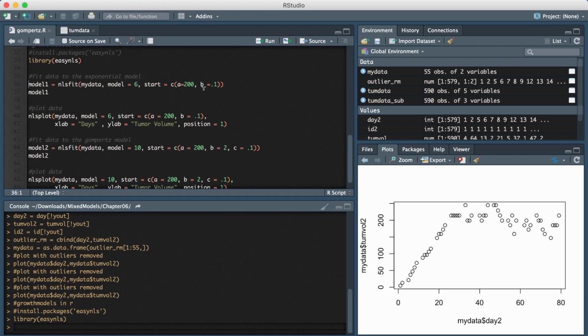And when you're fitting a nonlinear regression model, it's different from linear regression, because when you're trying to estimate your parameter values, which the Gompertz model has 3 parameters, A, B, and C, there's no closed form solution for most nonlinear regression problems. So you have to do basically numerical approximations. With estimating the parameters, you have to input usually some starting values, and then using an optimization algorithm, a computer will give you better estimates. So you have to do that for both an exponential model and for the Gompertz model.